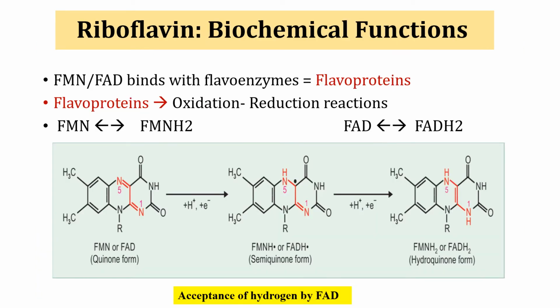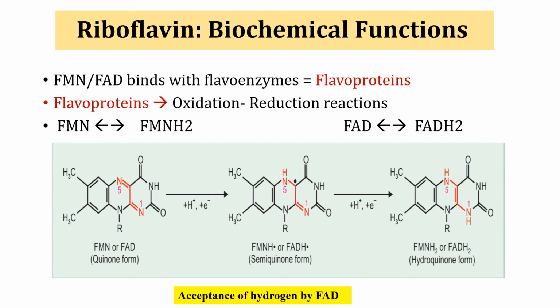Now biochemical functions of riboflavin. The active coenzyme forms FMN and FAD bind with various flavoenzymes to form functional flavoproteins which take part in oxidation reduction reactions. Means the flavoproteins can accept and donate electrons. They can take part in one electron or two electron transfer processes.